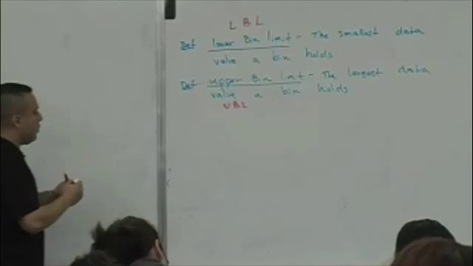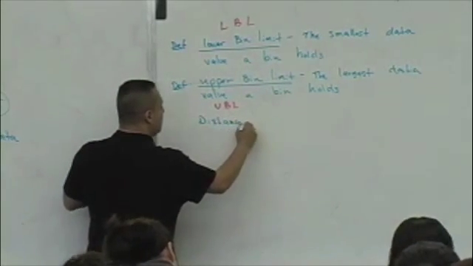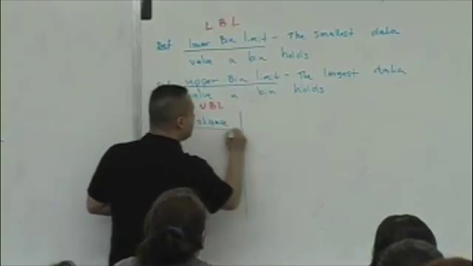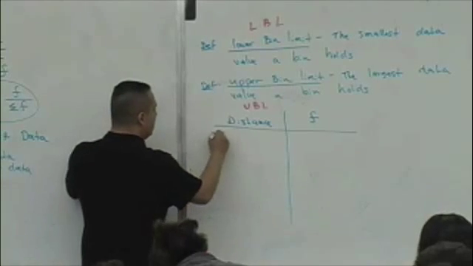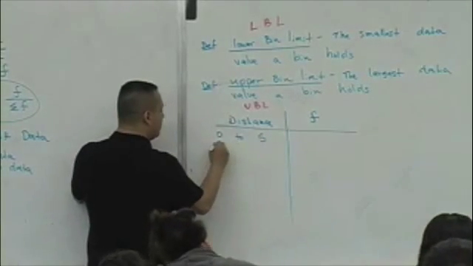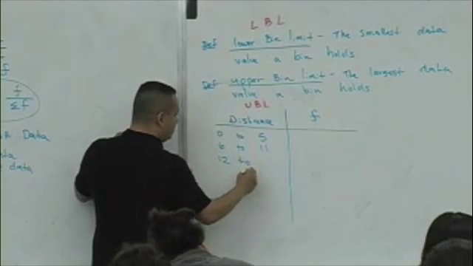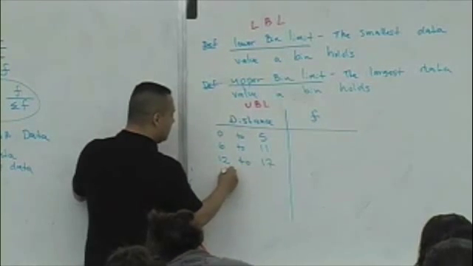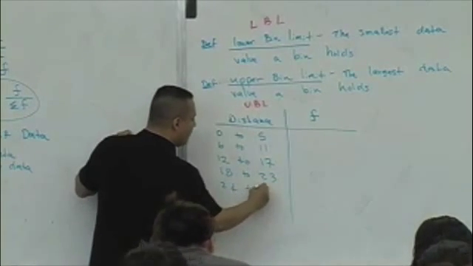Okay? So if I go to now my table again, and I'll have to write it down again. Distance, and this is measured in miles. Frequency, 0 to 5, 6 to 11, 12 to 17, 18 to 23, 24 to 29.